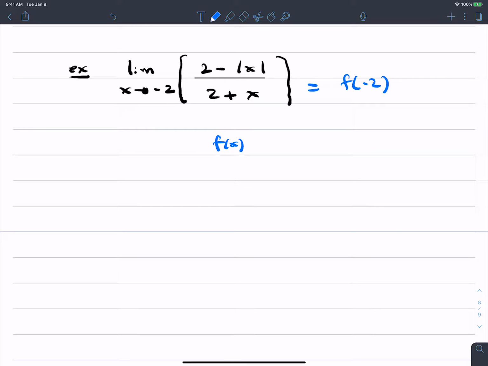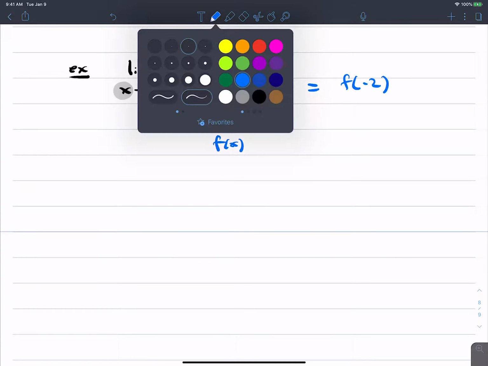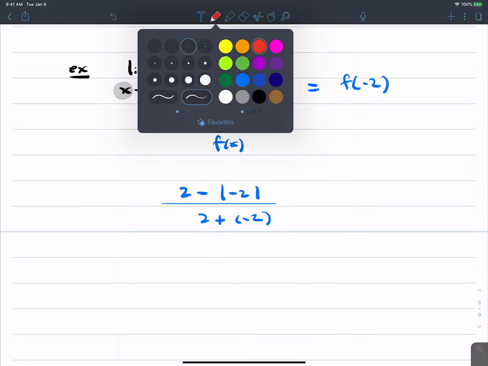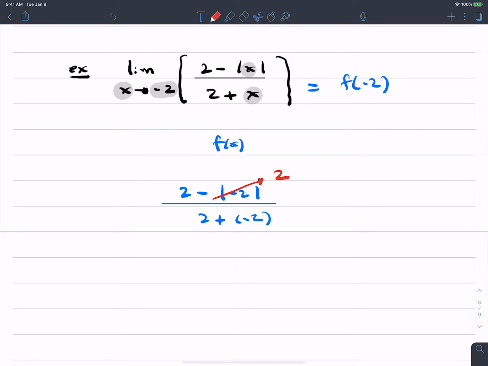So what's going to happen with this is, remember, x goes to negative 2. So wherever there's an x, replace it with a negative 2. What does that mean? We get 2 minus the absolute value of negative 2 over 2 plus negative 2 by direct substitution. Notice the absolute value of negative 2 is positive 2. So you get 2 minus 2 over, really, addition of a negative is also 2 minus 2.